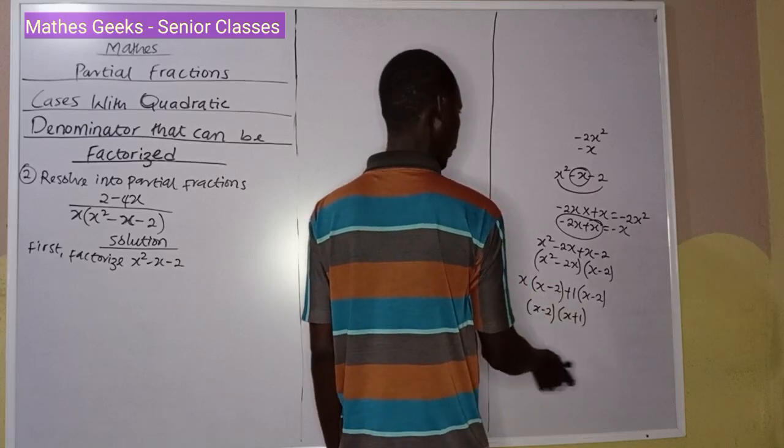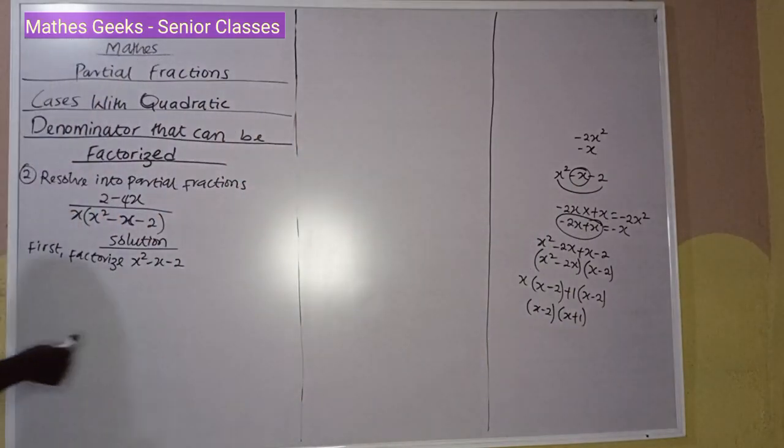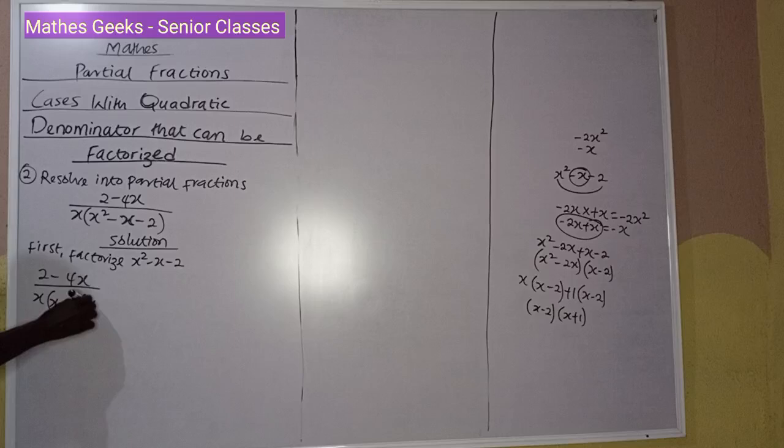So this will take the place of this expression. So we factorize, and our expression becomes 2 minus 4x over x minus 2, x plus 1.